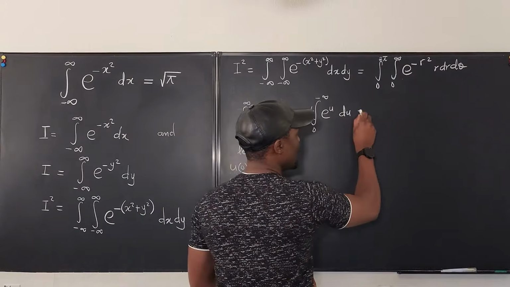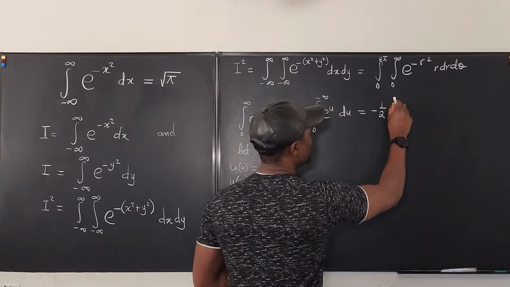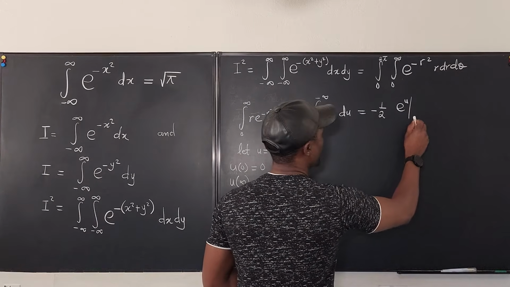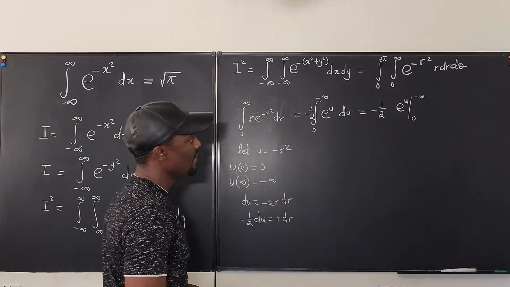So this is equal to negative 1/2 multiplied by e to the u evaluated from 0 to negative infinity.